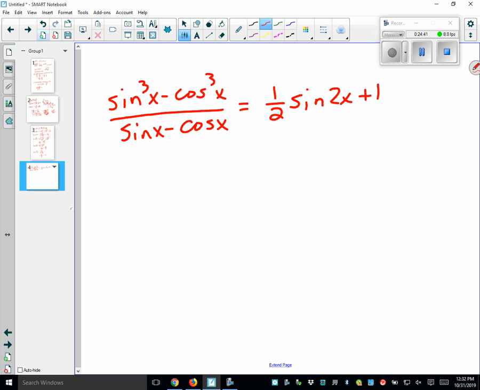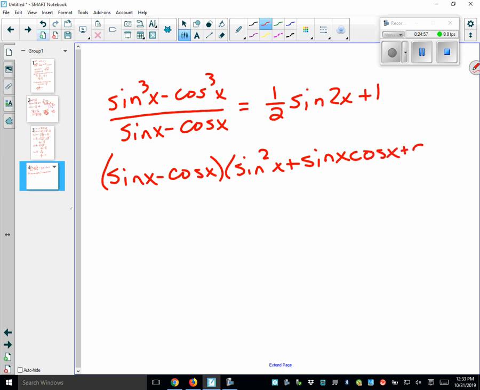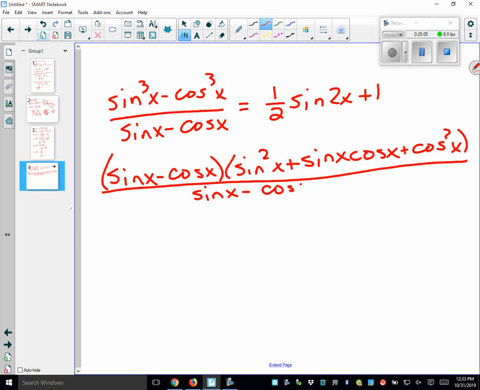On the left, this factors into sine x minus cosine x over sine squared x plus sine x cosine x plus cosine squared x, all over sine x minus cosine of x.